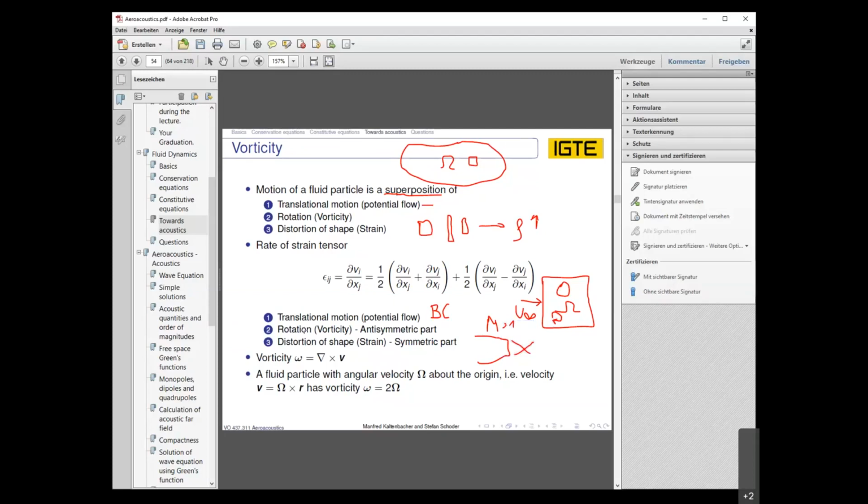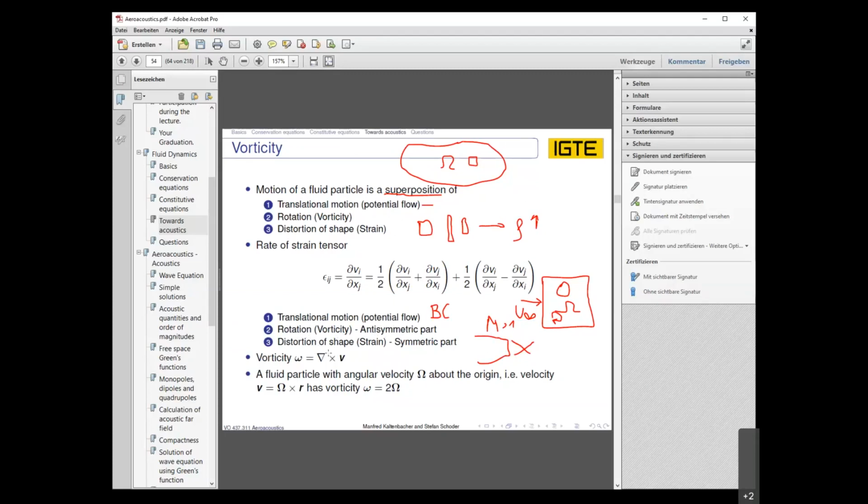And these shocks are usually representatives of this compression mode or expansion mode. So 3 modes: potential flow, vorticity, and some compression.